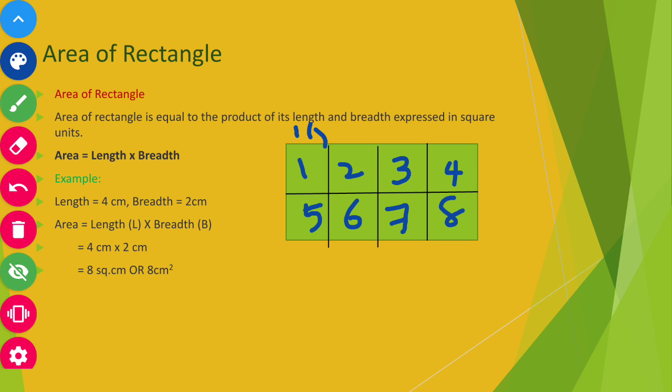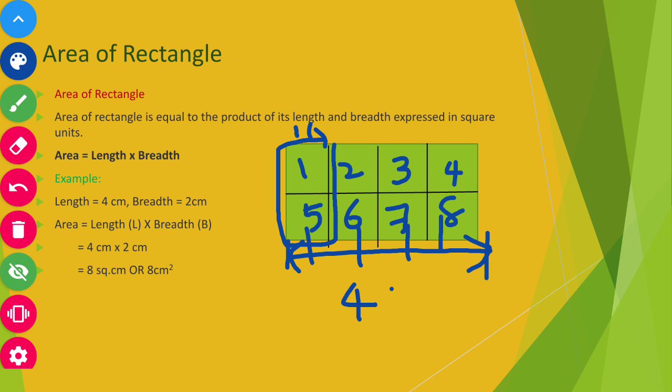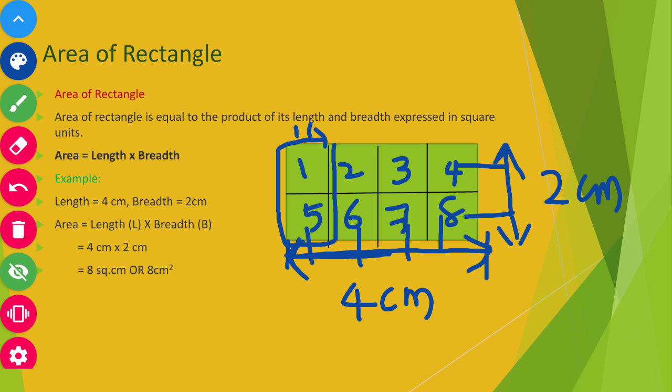So here in each column you are placing 2 squares. So what is the length here? The length of the rectangle is 1, 2, 3, 4. Length of the rectangle is 4 centimeters. And what is the breadth of the rectangle? 1, 2 centimeters. Now let's see. To find the area, we require length and breadth.